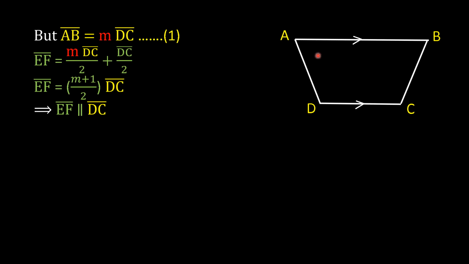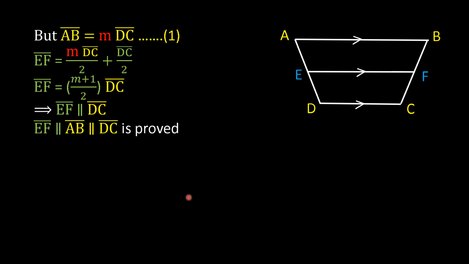So this is trapezium ABCD and median EF bar is parallel to side DC bar. Therefore, we can say that EF bar is parallel to AB bar, which is parallel to DC bar.